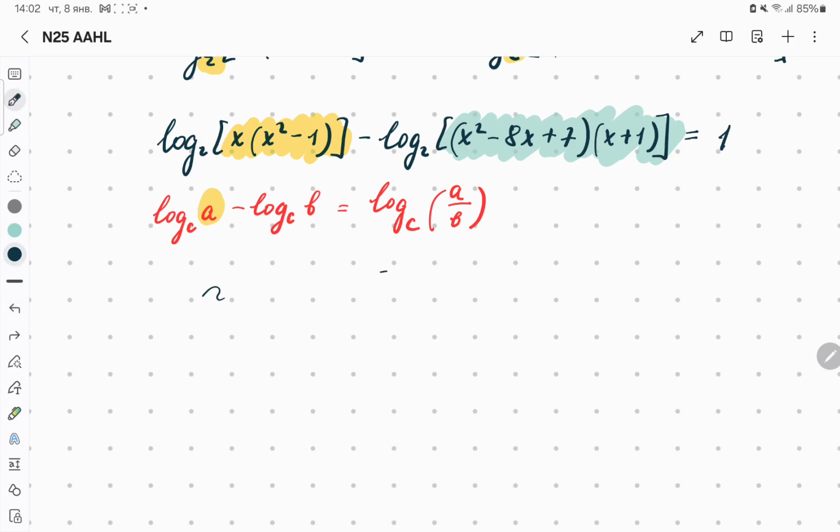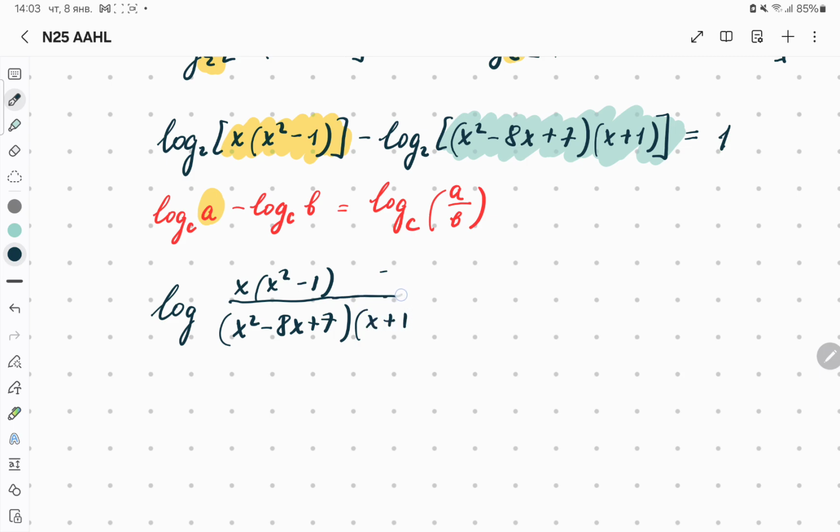Now let's use this rule. It will be logarithm of the ratio x squared minus 1 over x squared minus 8x plus 7, x plus 1, base 2, and for sure it is under the logarithm, equals 1.